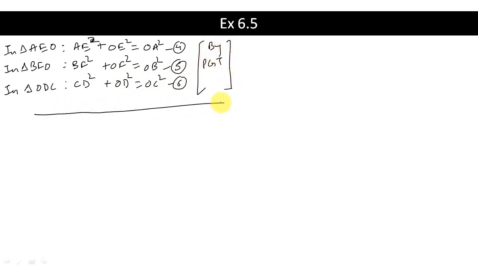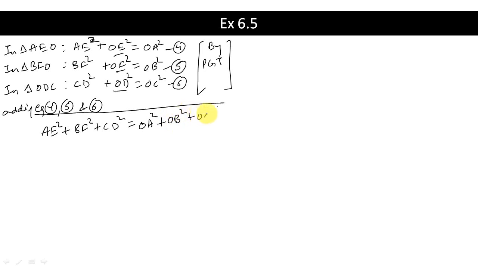Again, we'll add the 3 equations, adding equation 4, 5 and 6. So we'll get AE square plus BF square plus CD square will be equal to this OD square, OF square, OE square. This will move to the right hand side and we'll get OA square plus OB square plus OC square minus OD square minus OE square minus OF square.